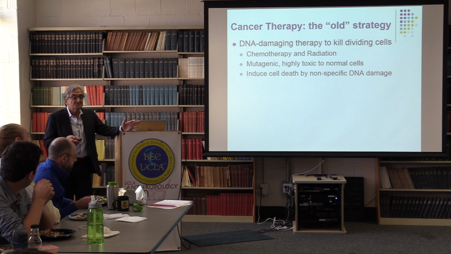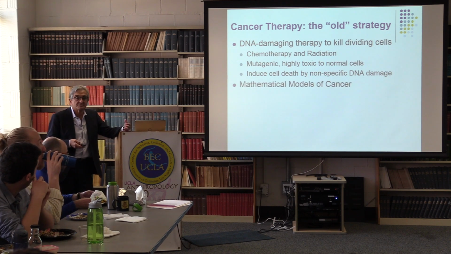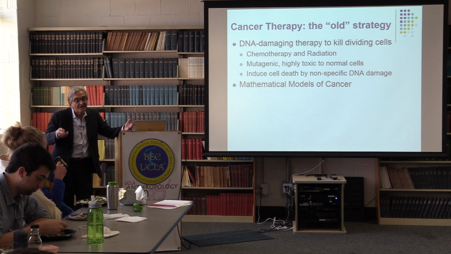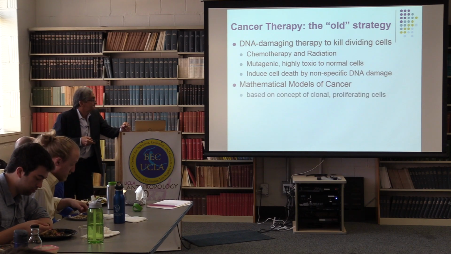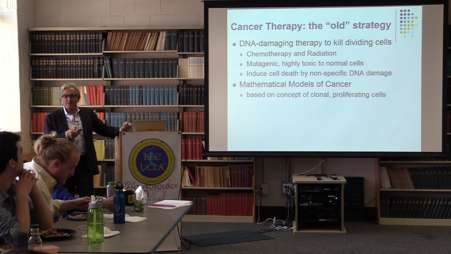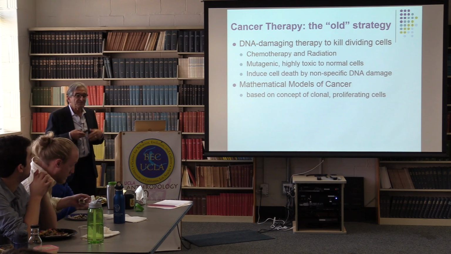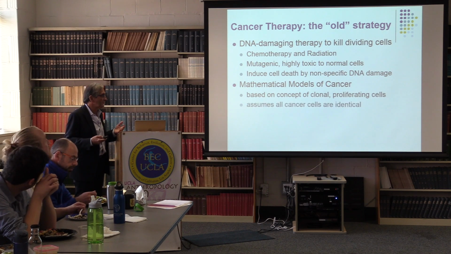The intent is to induce cell death, and there have been many mathematical models developed in support of how we give chemotherapy, which is what I had been doing virtually every day as a clinician. But it's based on a rather simple-minded concept of biology. The belief is all cells in the cancer are clonally related, they're all proliferating.